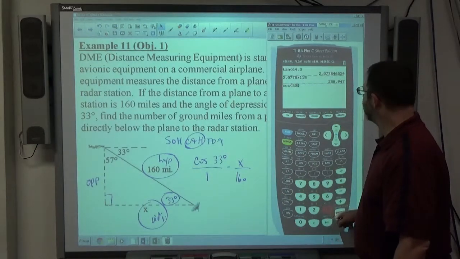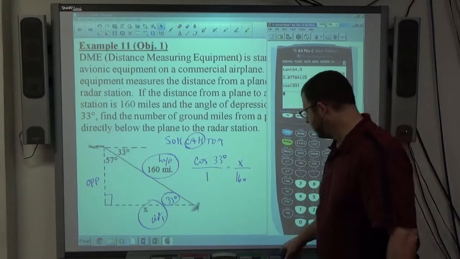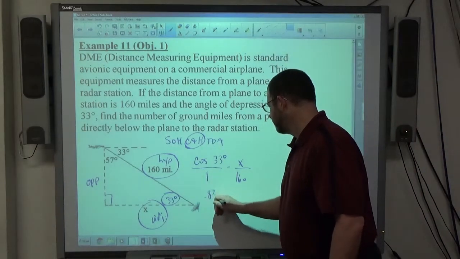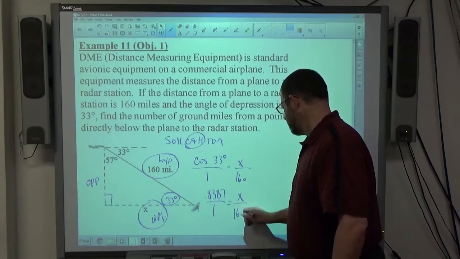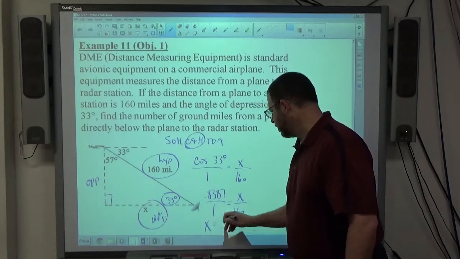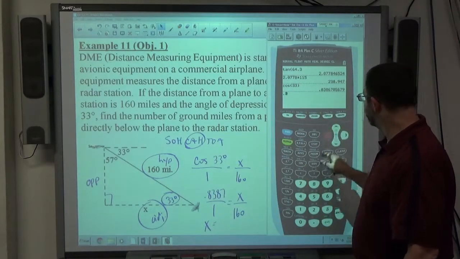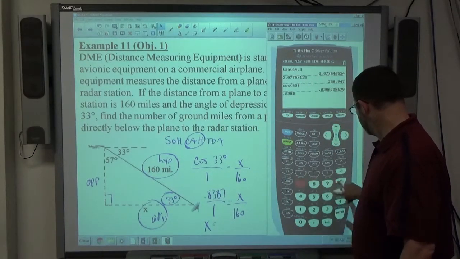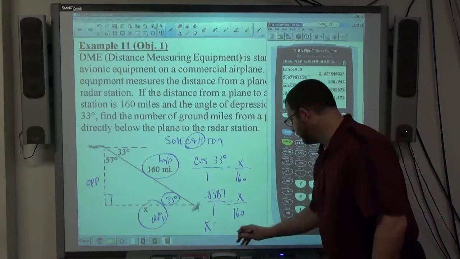Cosine 33 equals 0.8387. So I cross multiply: 1x is equal to 0.8387 times 160. That comes out to 134.19.